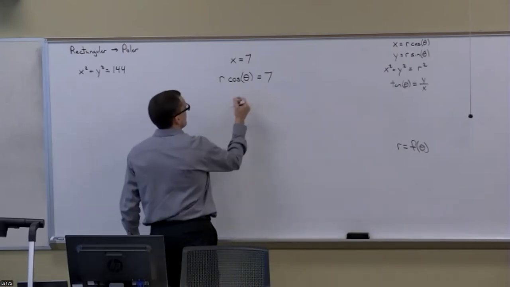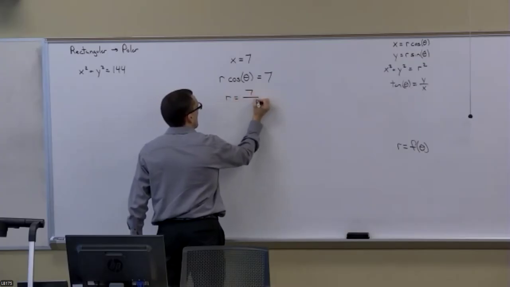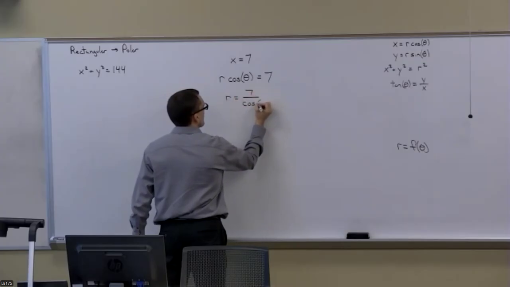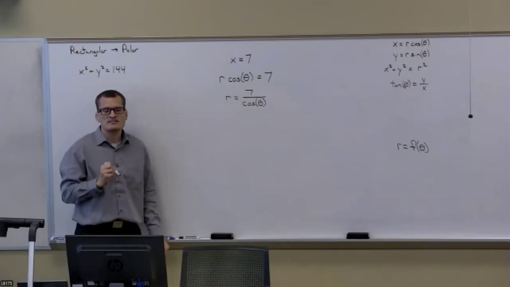So what I'm going to do is divide both sides by cosine theta and get that x equals 7 in rectangular form is r equals 7 divided by cosine theta in polar form.